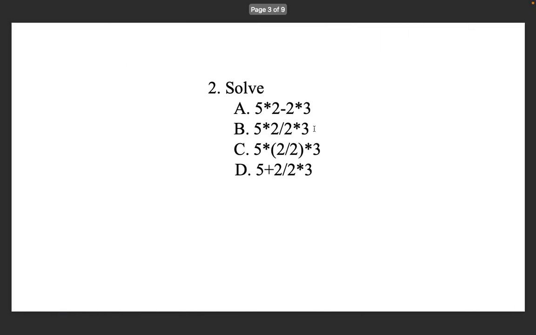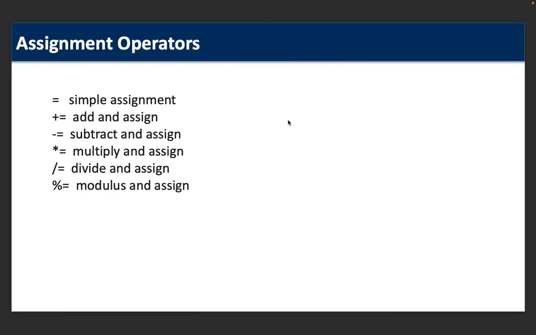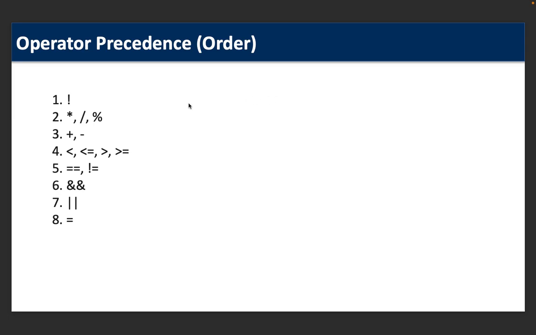This is a kind of problem we have already seen. We need to add this here. Operator precedence: the first precedence will be multiply, divide, and modulus, then plus and minus, and then equal to.